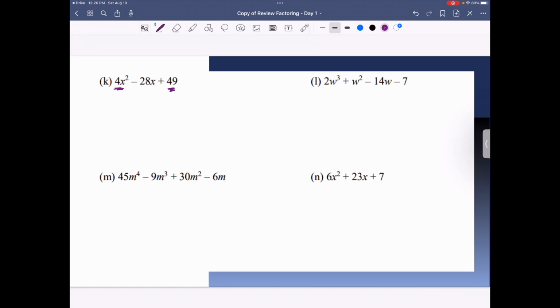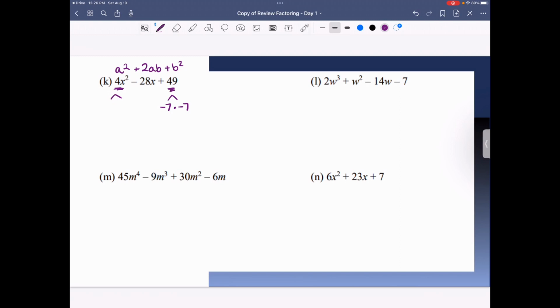So this is in the form a squared plus, well, in this case it's minus, but it'll still work, 2ab plus b squared. To make it negative, I'm going to make the 49 a negative 7 times negative 7.